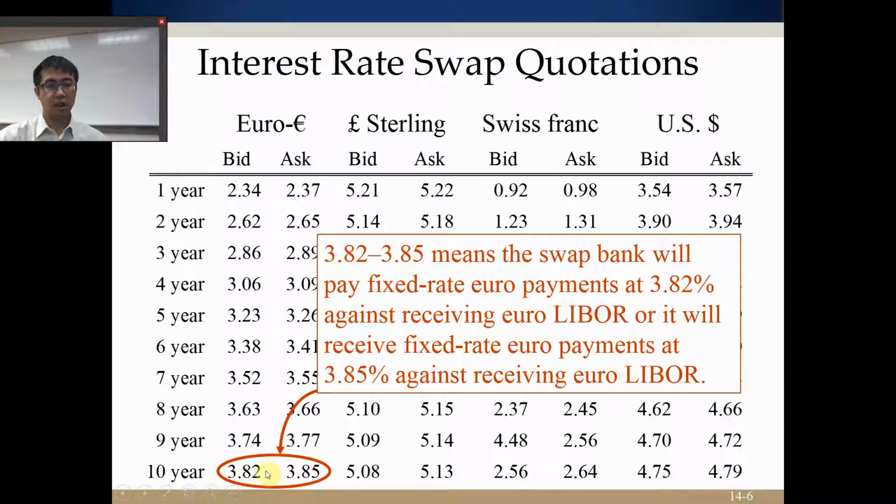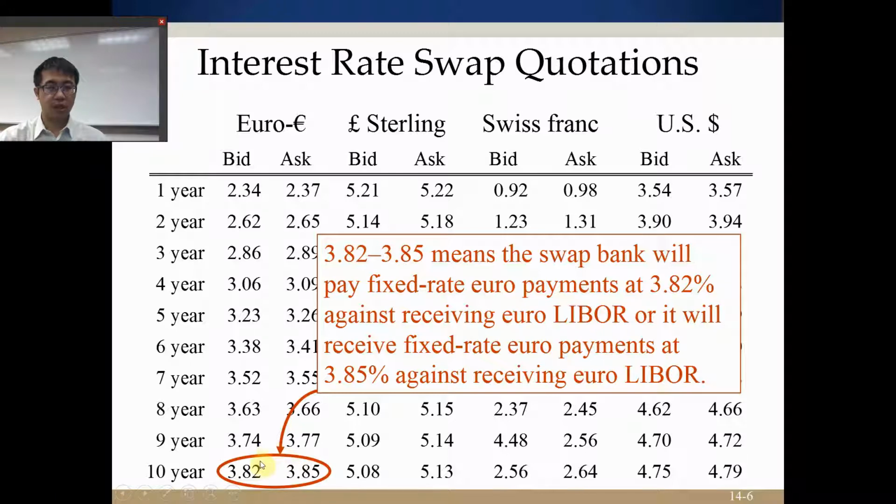So basically, we always have an ask price that is higher than the bid price. And that is so because the dealer wants to charge the gap, the bid-ask spread, as compensation for their service.